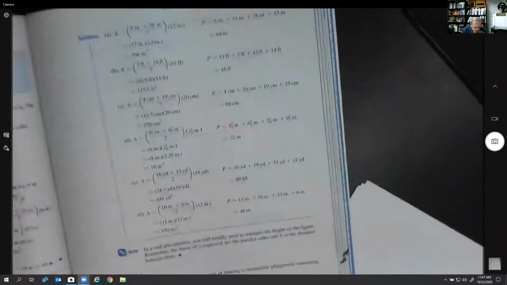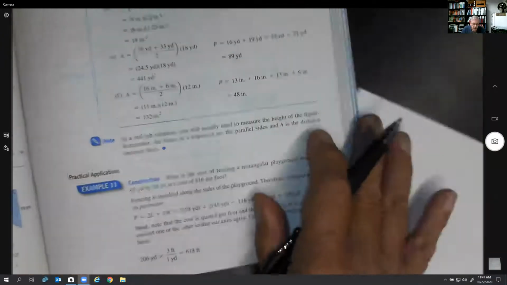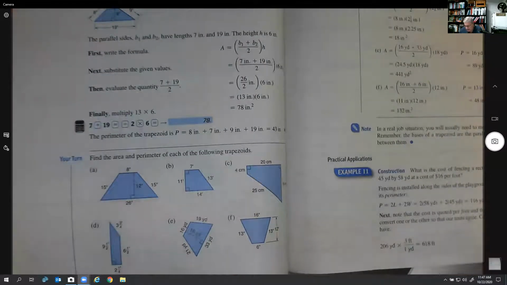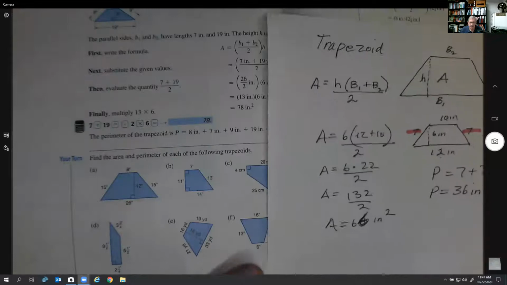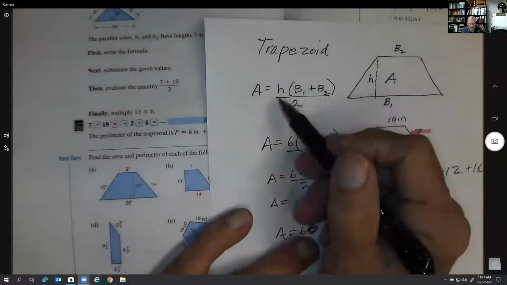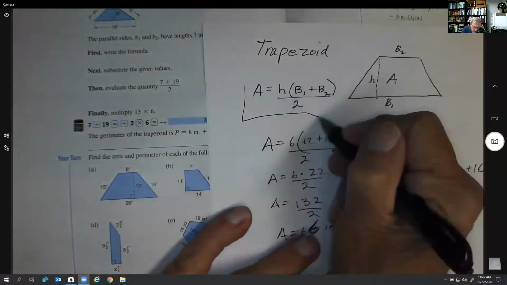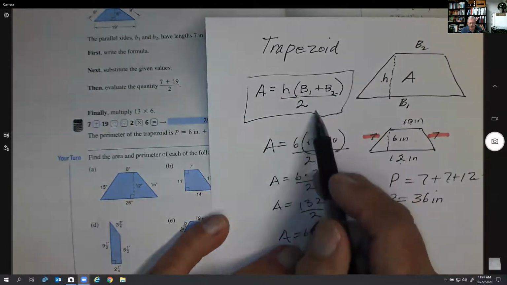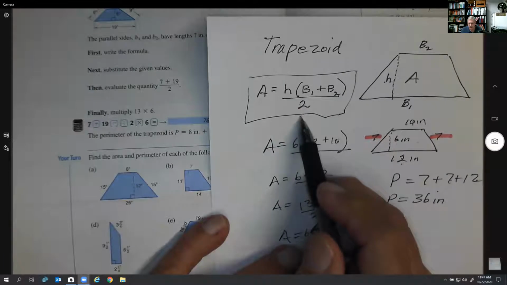I had a student a while back, and we were working on these problems, and we were using this formula. And the student told me, and I never thought about it, that this formula right here can work for any four-sided figure.